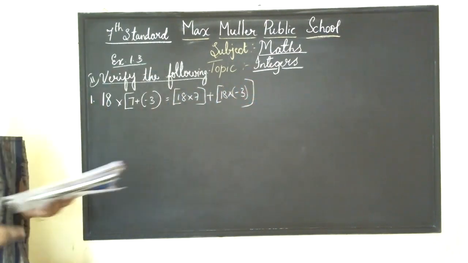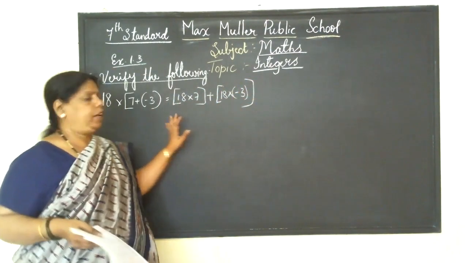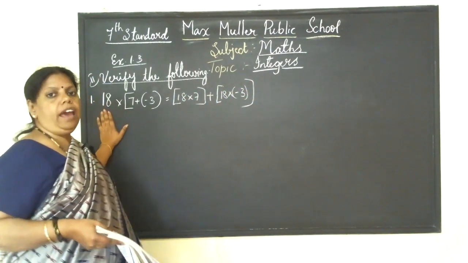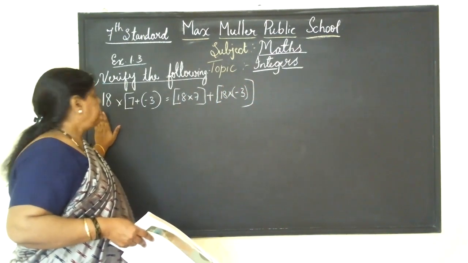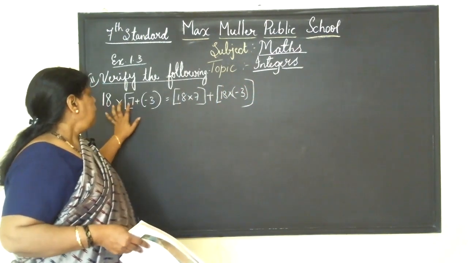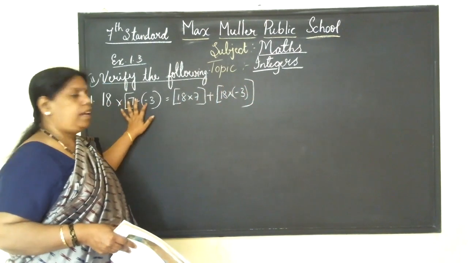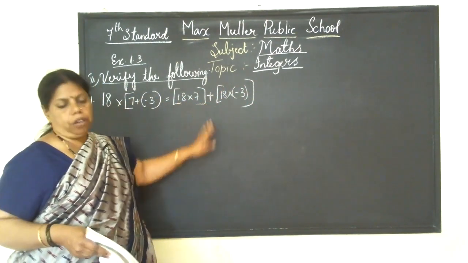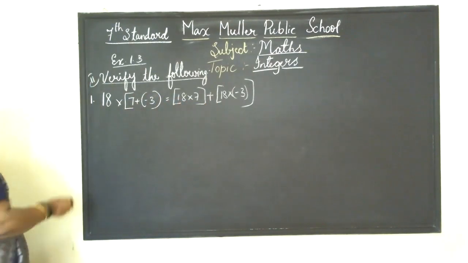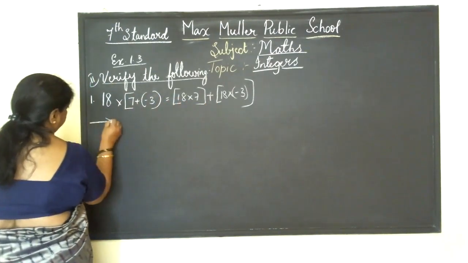Just now I told you the distributive property. See, 18 is A. You imagine that 18 is an integer, with 7 plus minus 3. So 18 is distributed and added together. Whether we will get the same answer, we will see then. Okay?